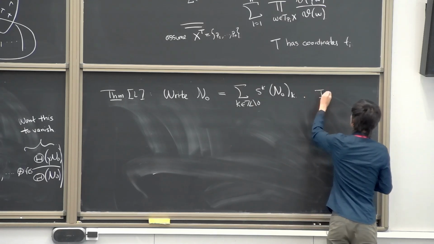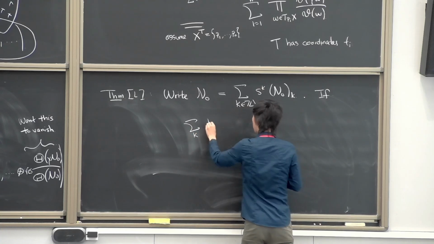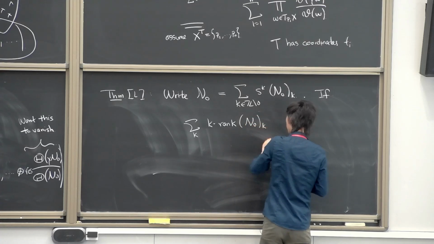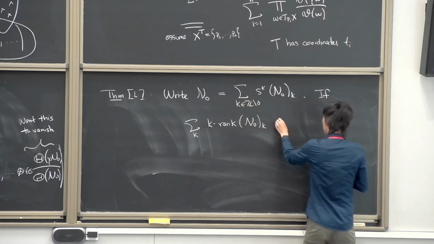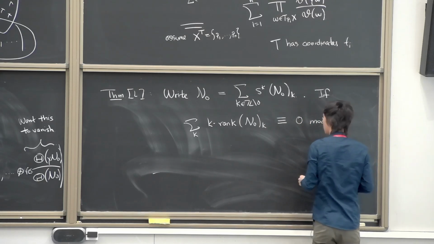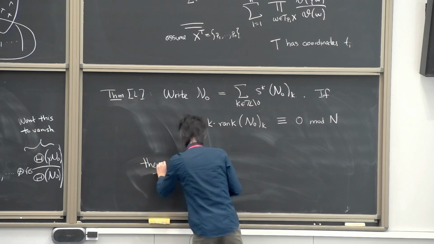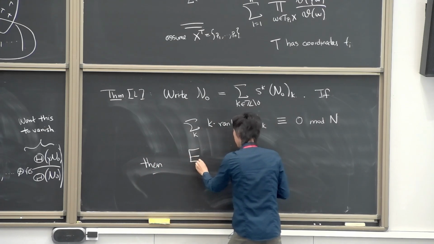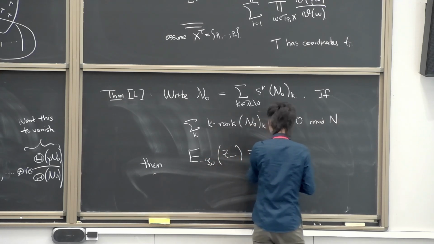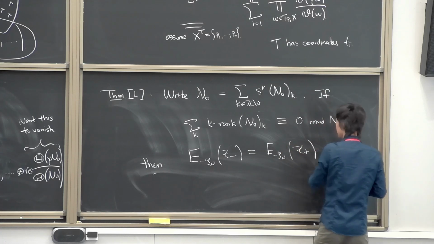And the condition is that if the sum over k of k times the rank of N naught, the kth graded piece, is congruent to 0 mod capital N for some integer N, then the elliptic genus of Z minus specialized to an Nth root of unity is going to be equal to the elliptic genus of Z plus specialized to the same Nth root of unity.